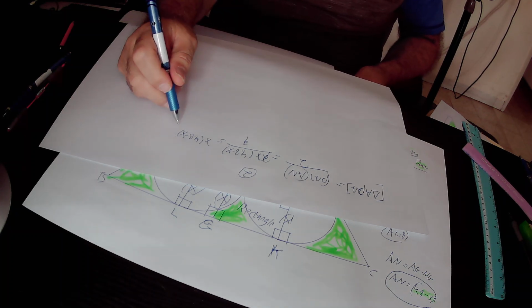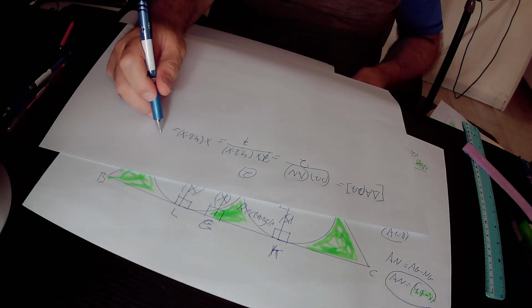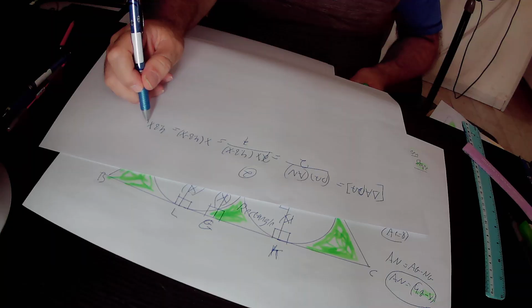Here we'll open the brackets of this expression and get 4.8x minus x squared.